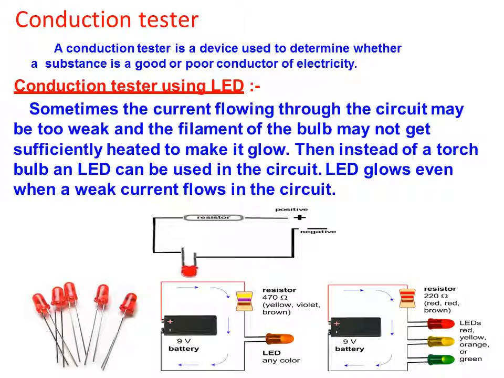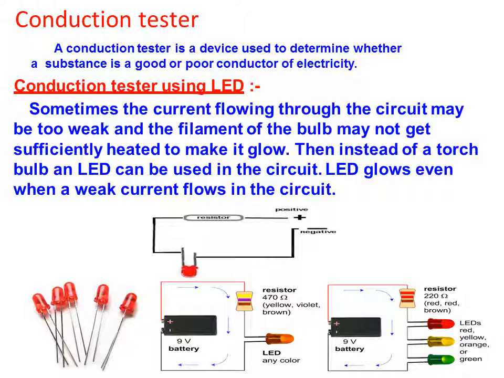Even if there is a weak current, the LED will glow, and it acts as a tester of whether the flow of current is there or not. So a conducting tester is a device used to determine whether a substance is a good or a poor conductor of electricity. A conducting tester using LED.